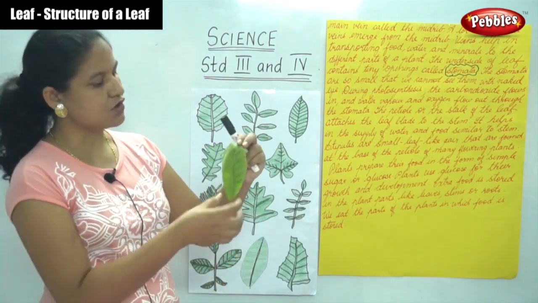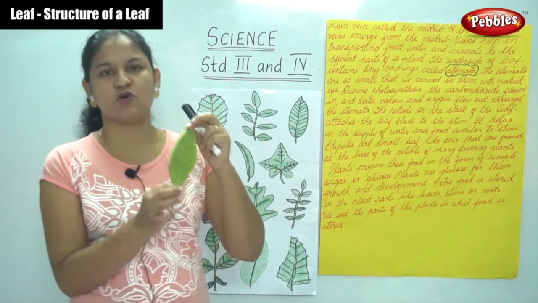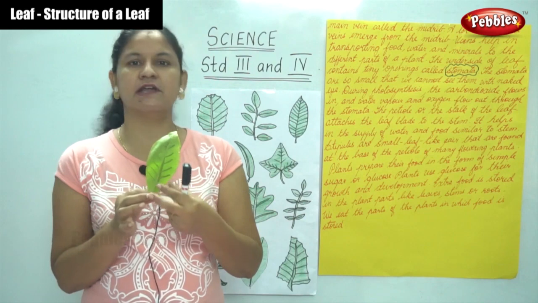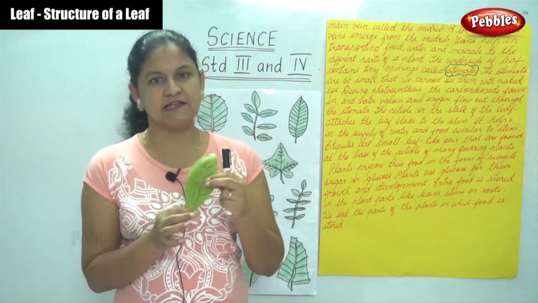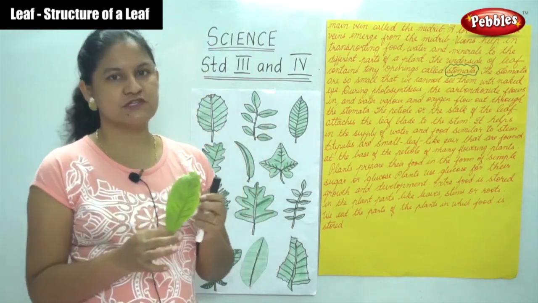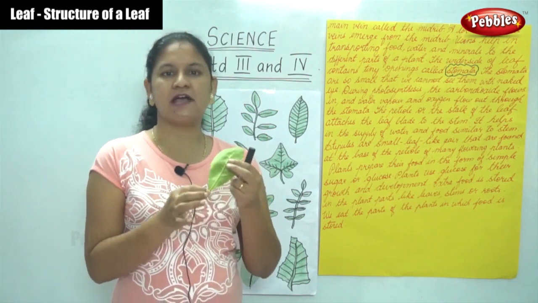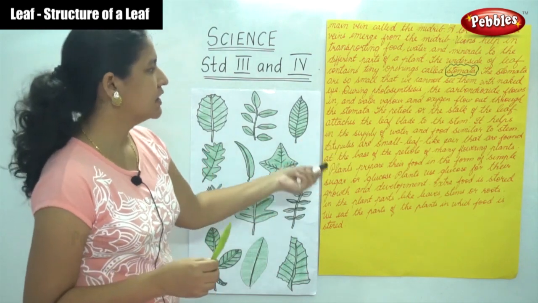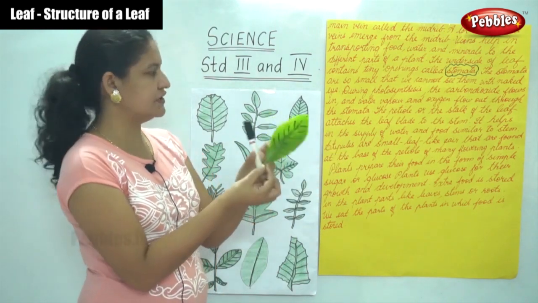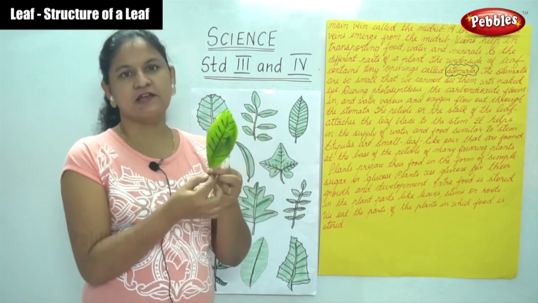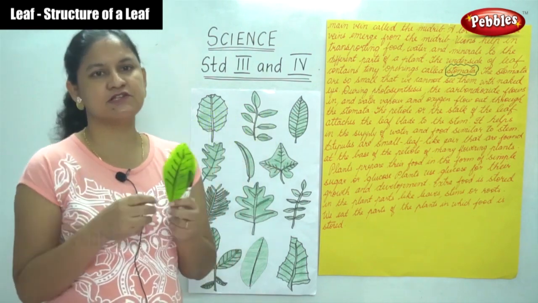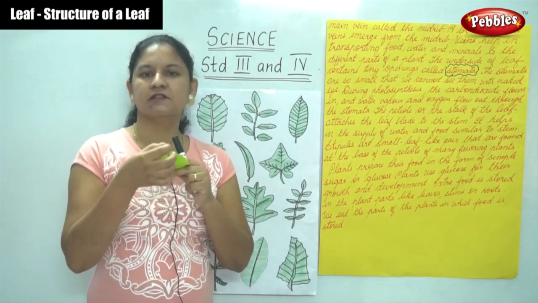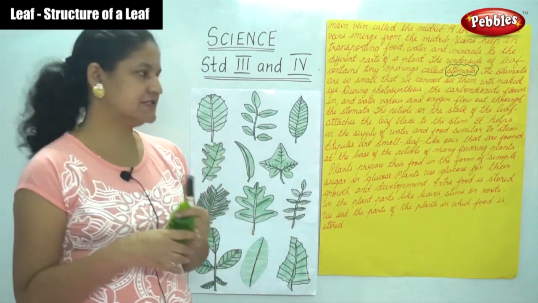On the underside of the leaf there are small tiny openings called stomata, which cannot be seen with our naked eye. During photosynthesis, water vapor and oxygen flow out from these stomata. The petiole or the stalk of the leaf helps in the supply of water and minerals similar to the stem, and it is responsible for attaching the leaf to the stem.